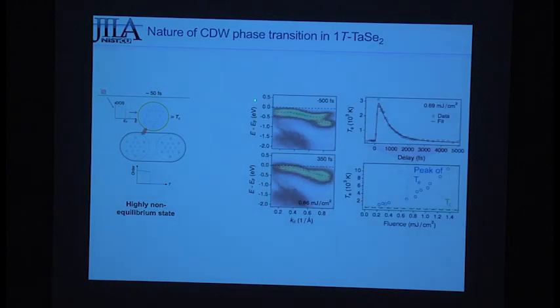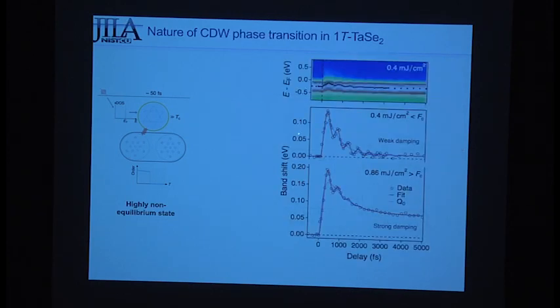And so again, as the material goes from insulating to metallic, we can look at the melting of the gap. We can also look at the electron temperature, like we did with the ferromagnetic materials. And we can plot, for example, the band shift as a function of fluence.